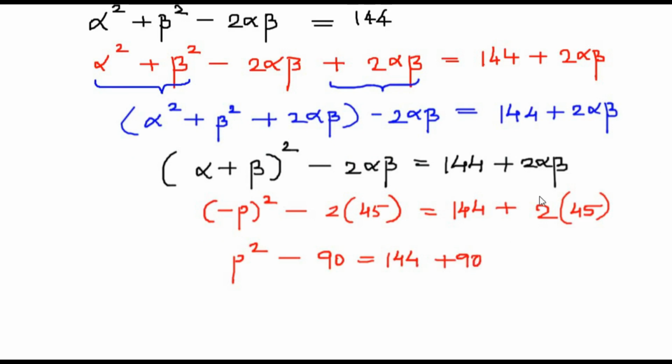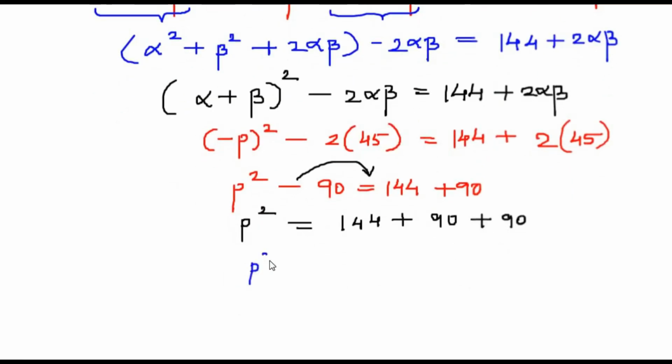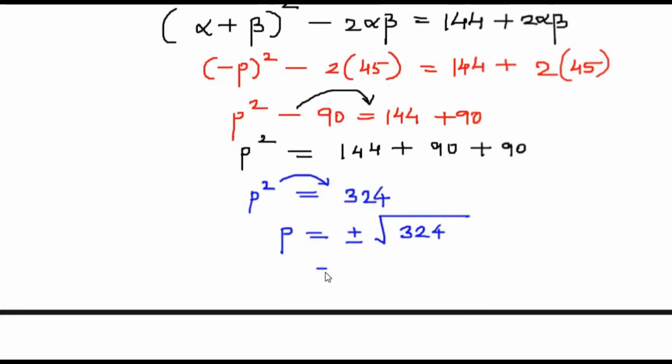So taking the negative 90 on the other side of the equal to sign, it turns into positive 90. So we have p square is equal to 144 plus 90 plus 90. So p square is equal to 324. So taking the square on the other side of the equal to sign, we get two values, one plus and one minus, and the square root of 324 is 18.